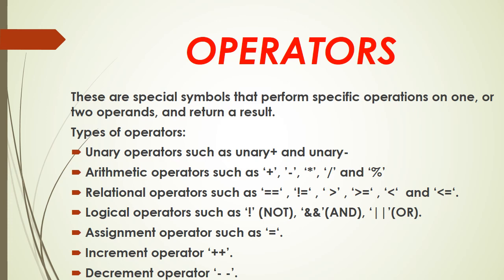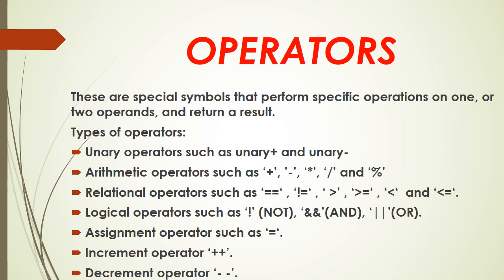The next type of operator is the logical operator. The first one is not, represented by the exclamation sign. Next is and, represented by the double ampersand sign, and or is represented by two pipe signs.